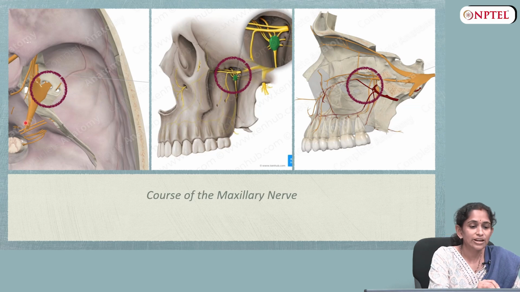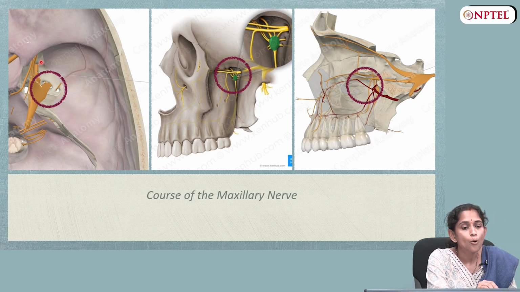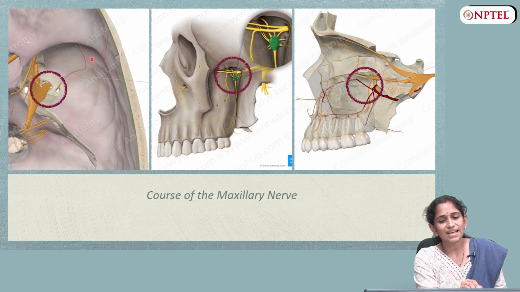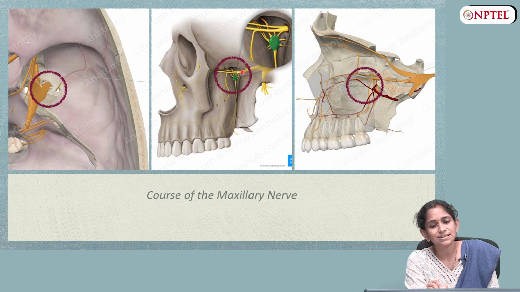From here, it courses in the lateral wall of the cavernous sinus and exits the skull through the foramen rotundum. What you're seeing is the foramen rotundum, which is only appreciated on the cut skull from the skull's interior. Once the nerve exits the foramen rotundum, it enters the pterygopalatine fossa.